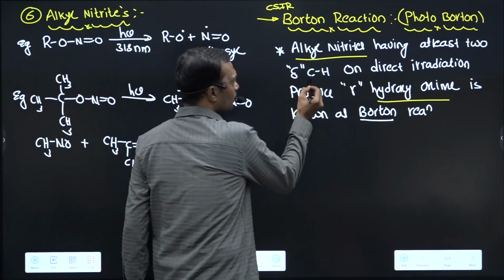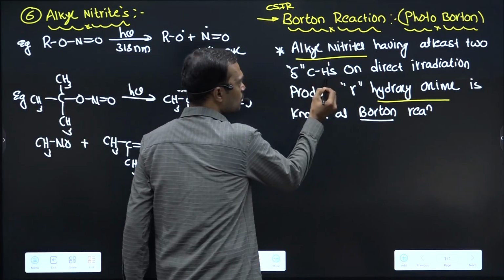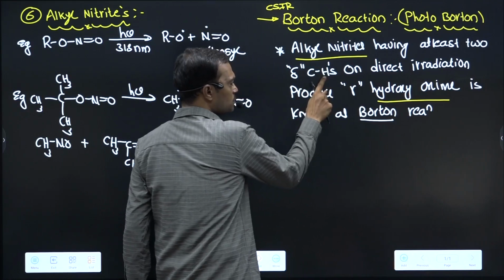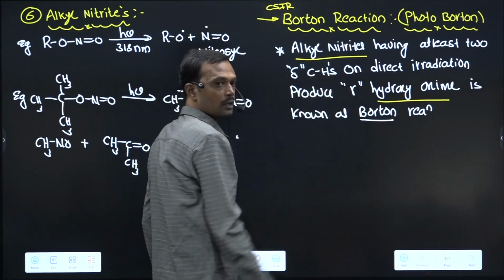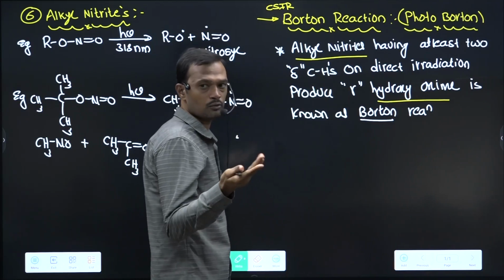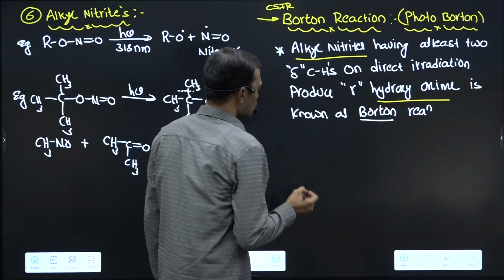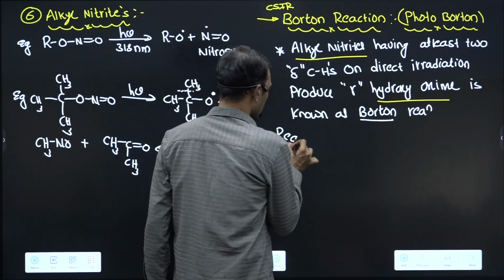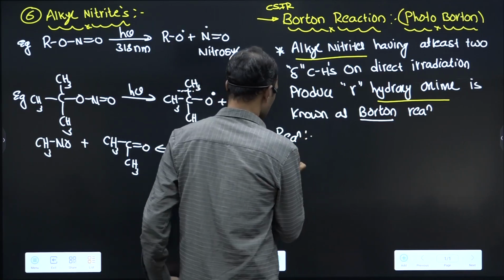Here delta carbon hydrogens, hydrogens are more than 1. If one is present, you will not get Barton reaction. Minimum 2 hydrogens are required. Maximum 3. More than 3 we can't write. So this is that reaction.